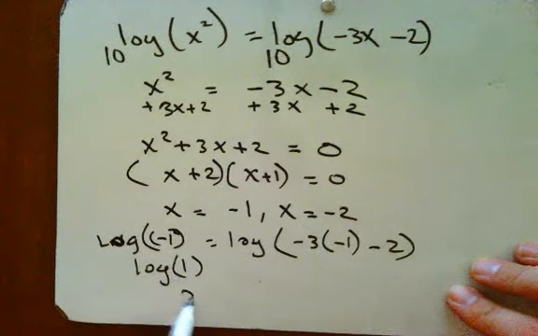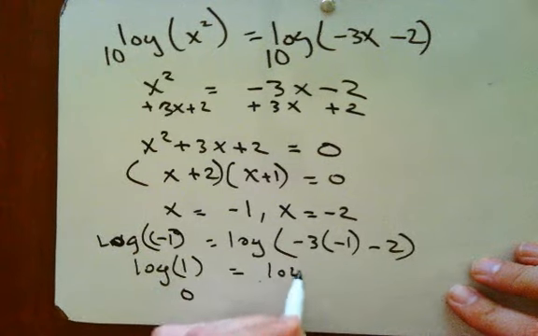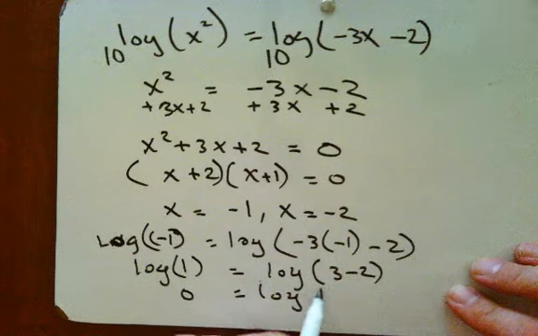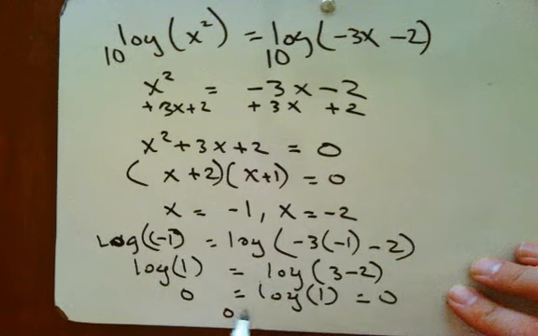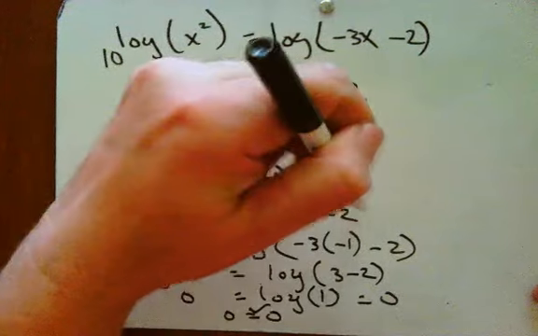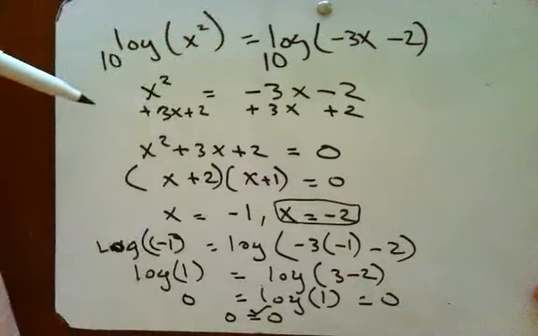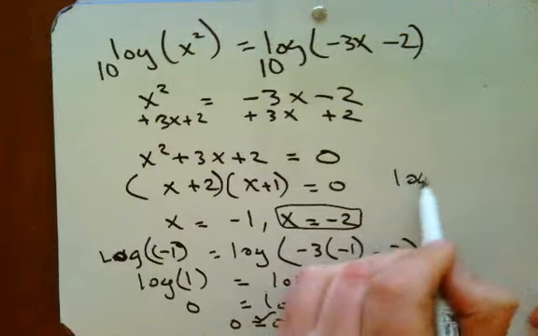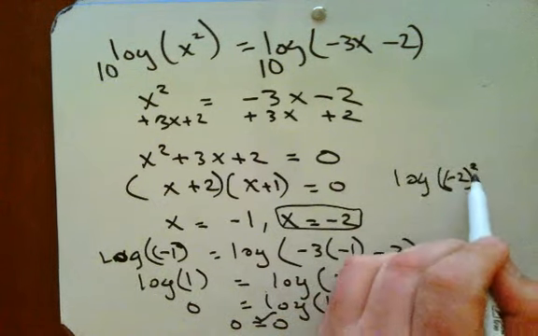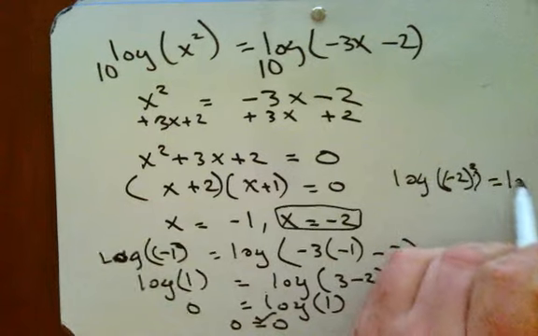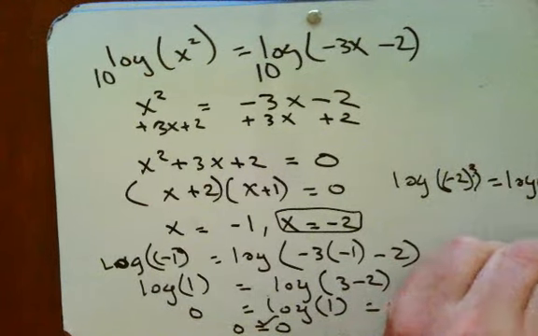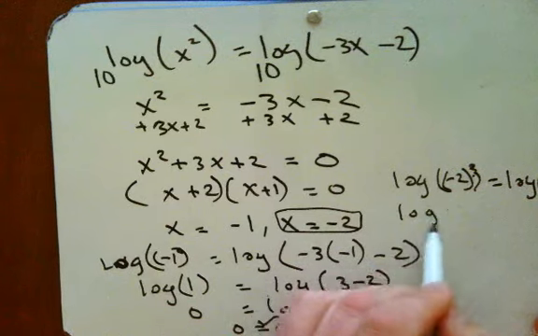Log of negative 1 squared, because that's what we have here, x squared, equals log of negative 3 times negative 1 minus 2. Okay, so over here we have log of 1, which is 0, and over here we have log of 3 minus 2, which is log of 1, which is 0. 0 equals 0, and so we're good to go.